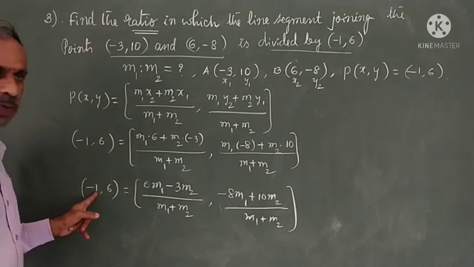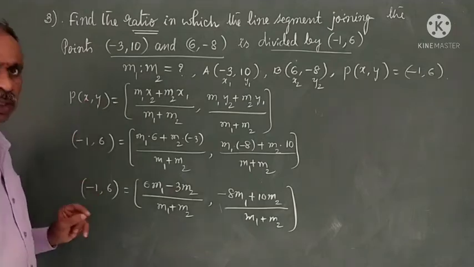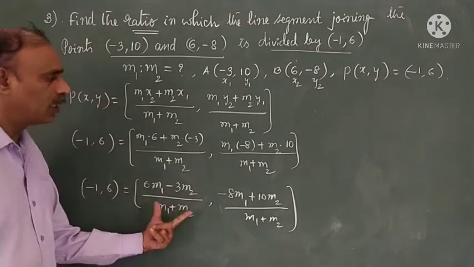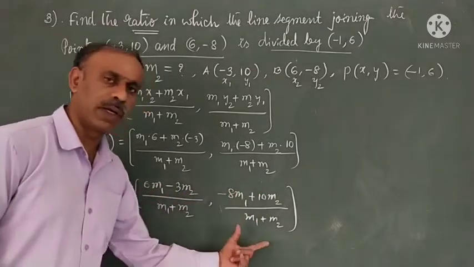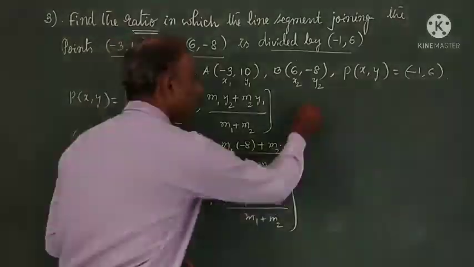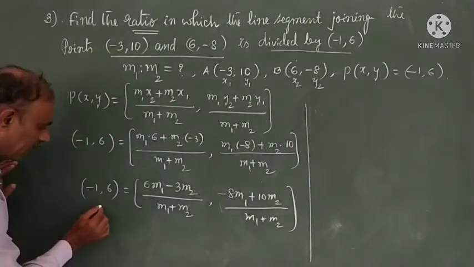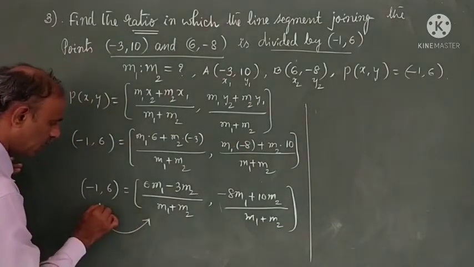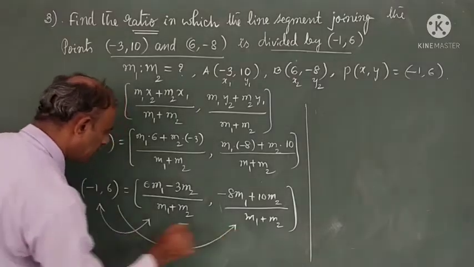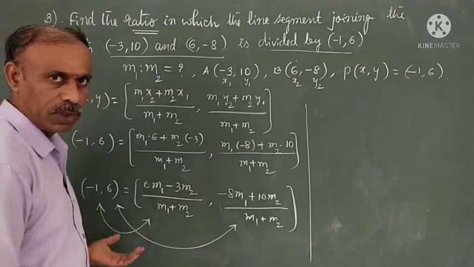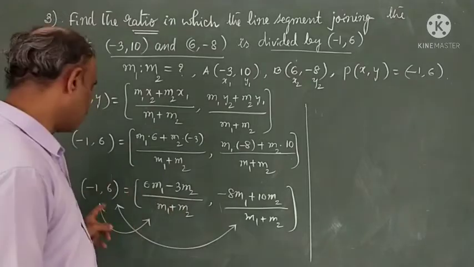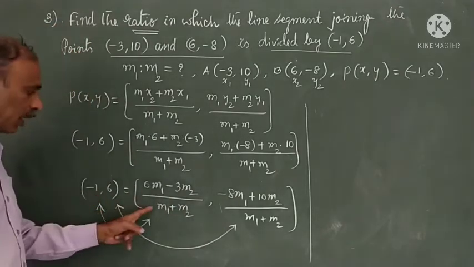This is the x coordinate and this is the y coordinate of the point of division. So now you can equate the x coordinates or you can equate the y coordinates. Any one is enough, no need of both. I am going with the x coordinates.